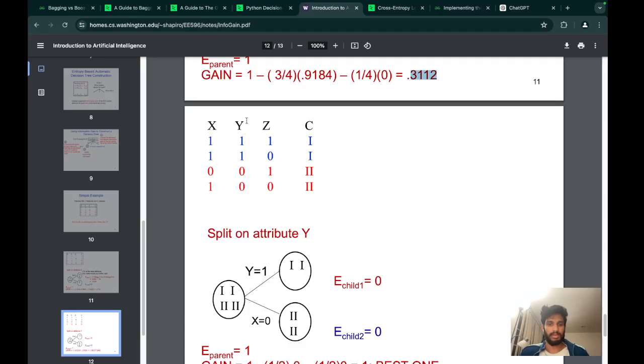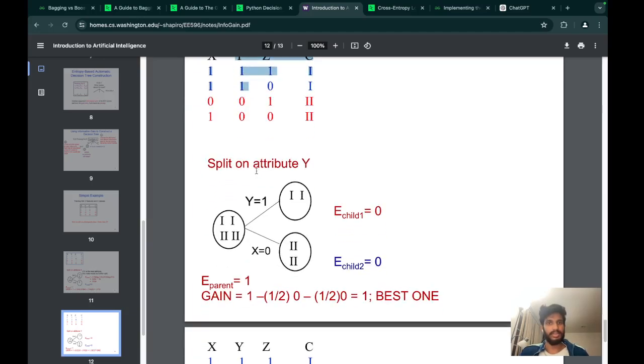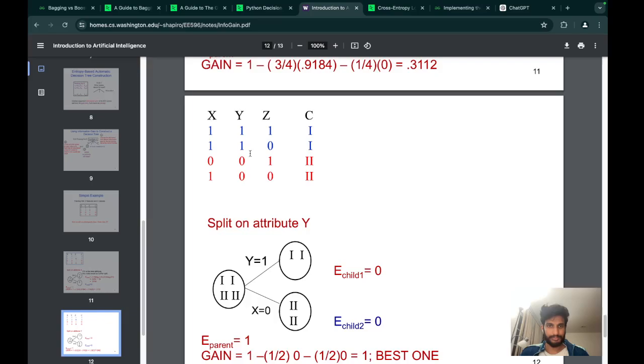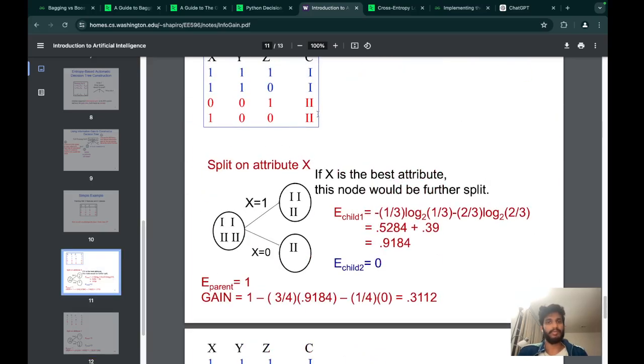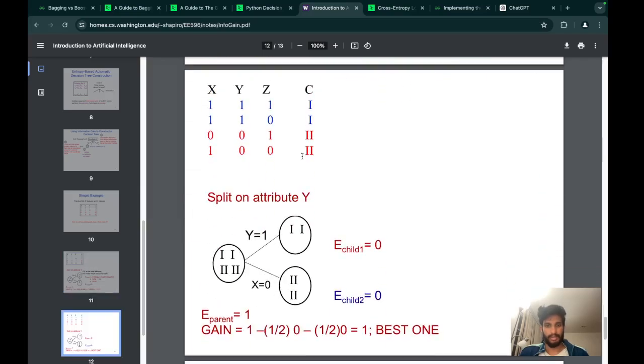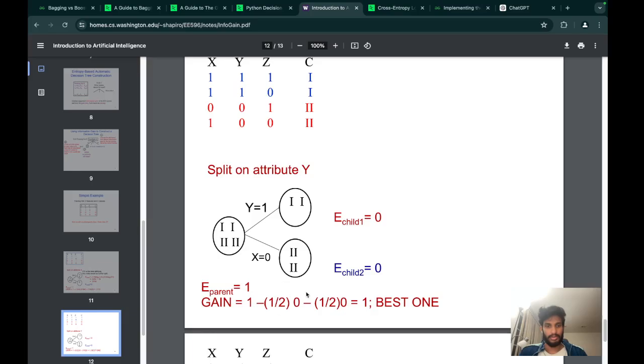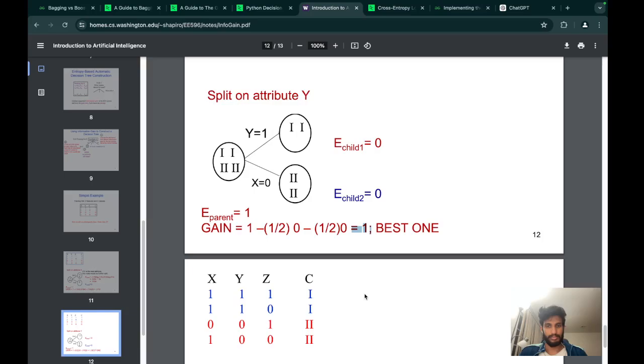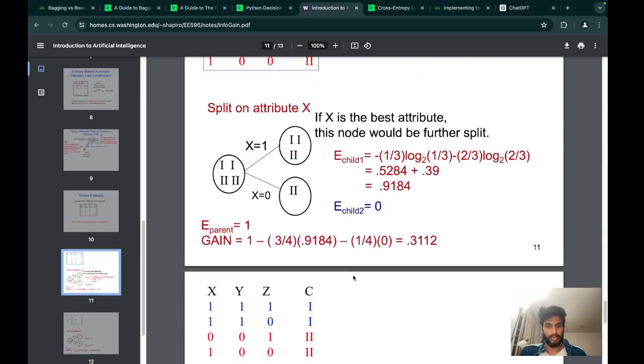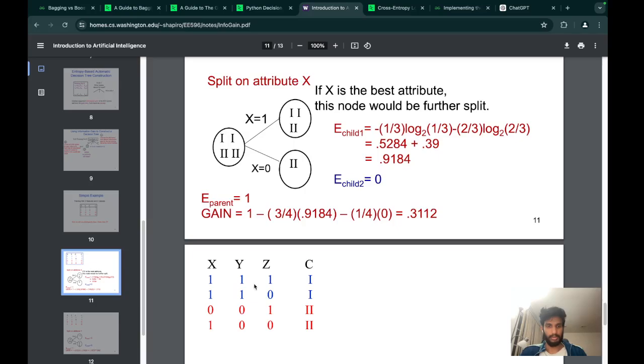I guess you check basically for Y and Z. For X, we had that weird situation where one of the labels was not there yet. So here the information gain is 1, because if you notice, it splits perfectly.